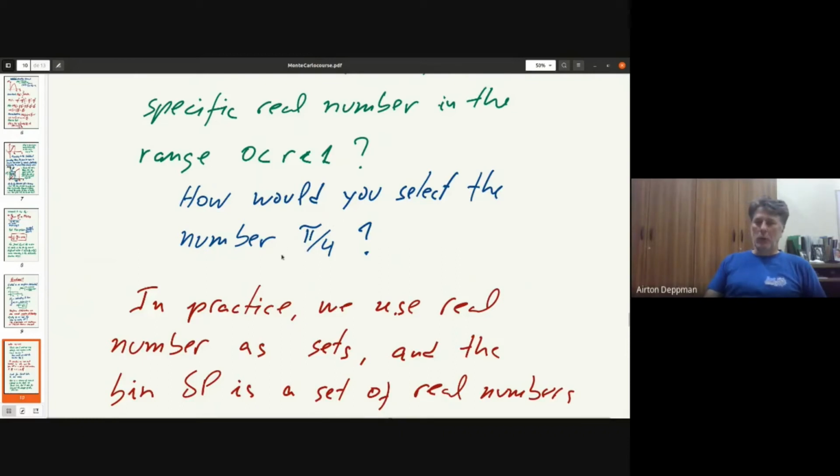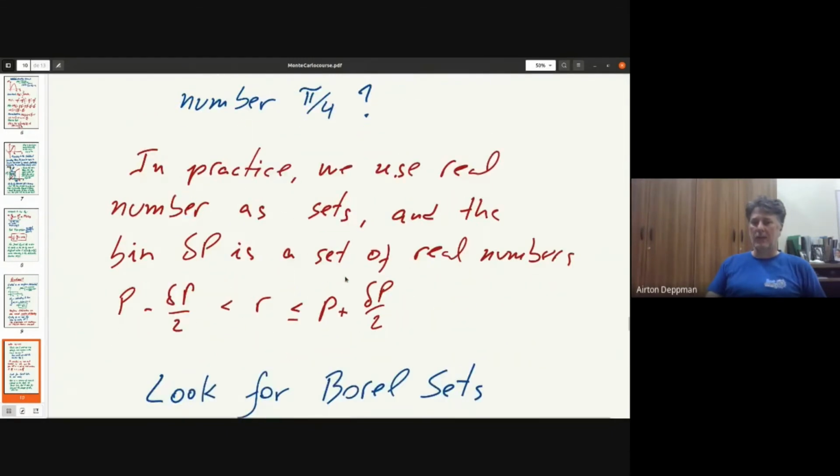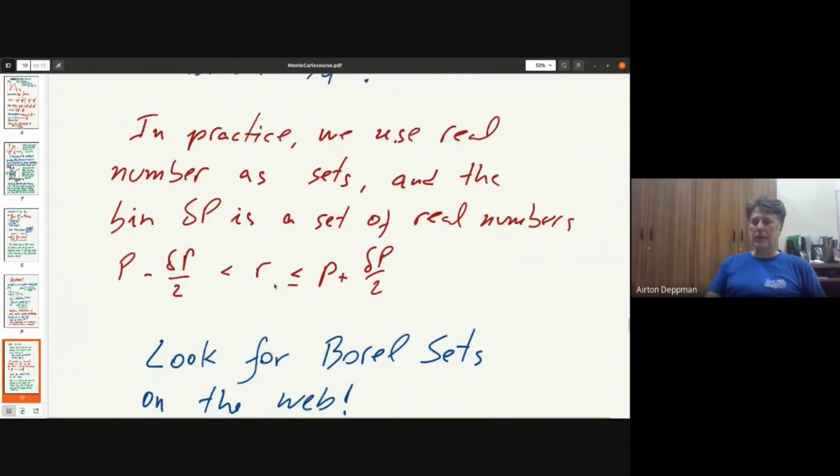So what we do, in fact, is to pick a set of numbers as a real number. So in practice, we use the real numbers as sets. And we define the real number inside some range, which corresponds to the place where we cut, how many digits after 0 we want to keep. So this will define the range delta p.